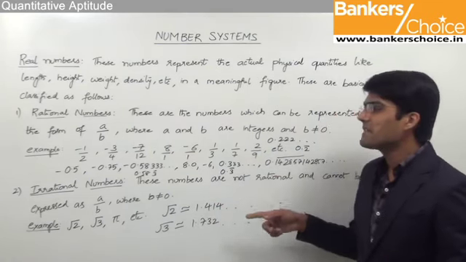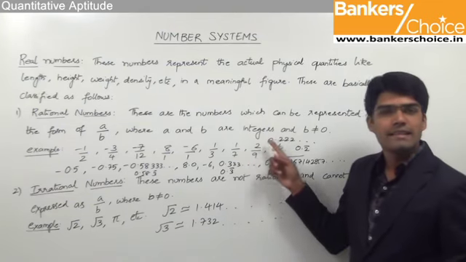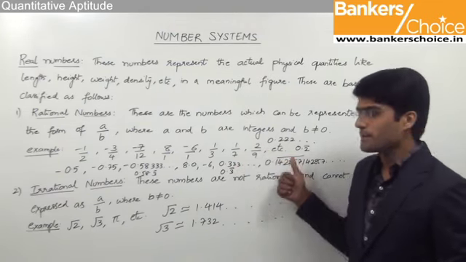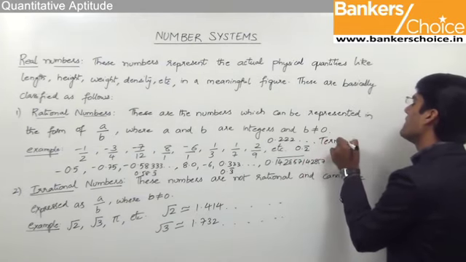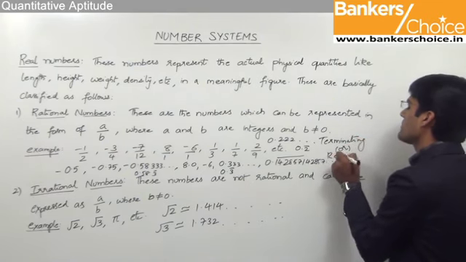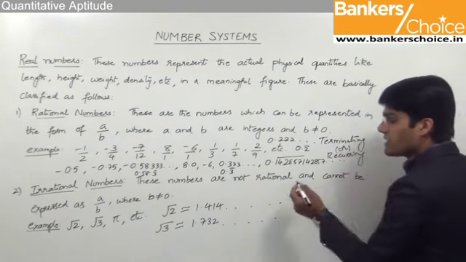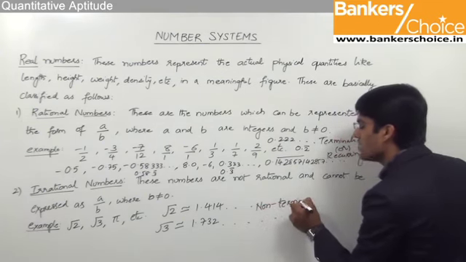So that is the basic difference between rational and irrational numbers. Rational numbers are either terminating or recurring in nature, whereas irrational numbers are non-terminating and non-recurring.